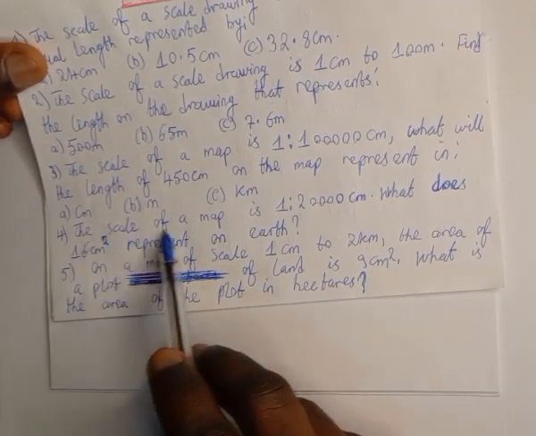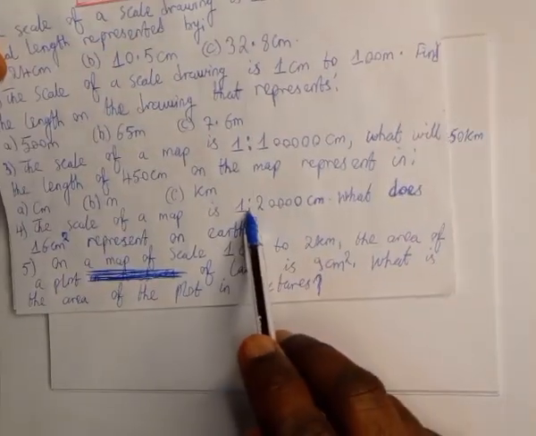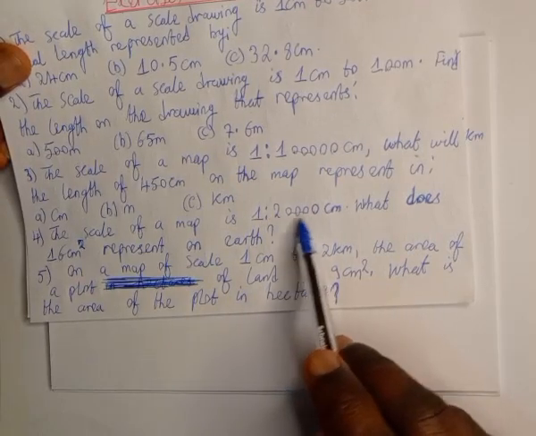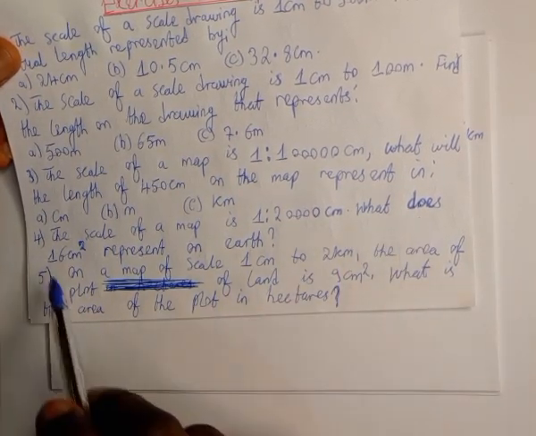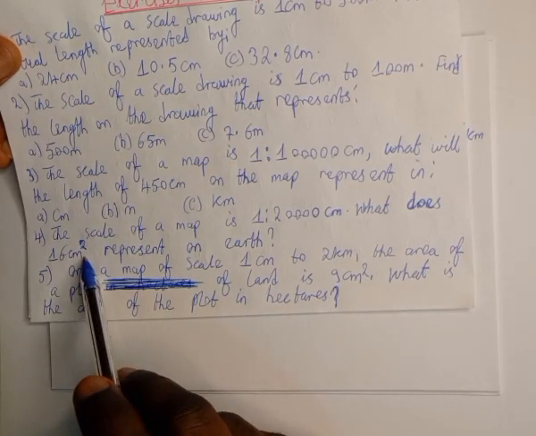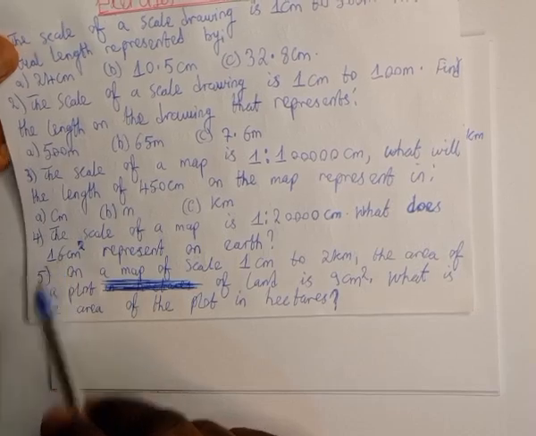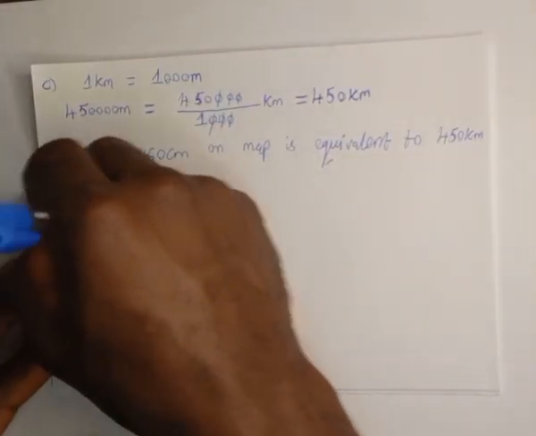It says the scale of a map is 1 centimeter is equivalent to 20,000 centimeters. What does 16 centimeters squared represent on Earth? This is area. Question 4.